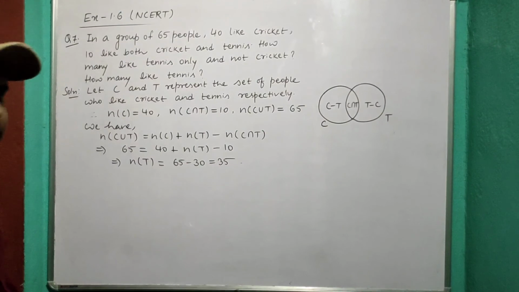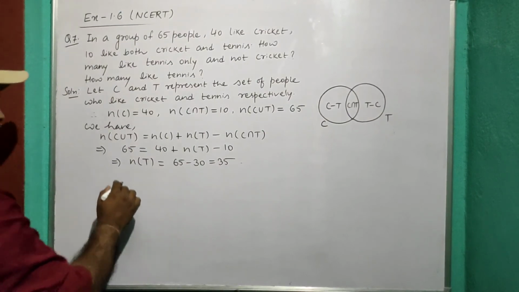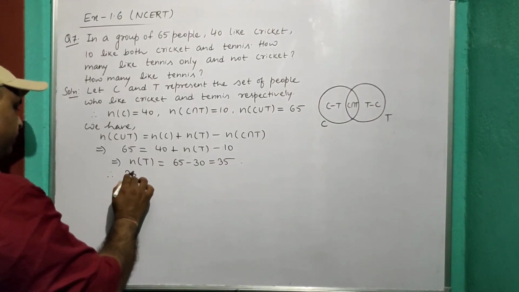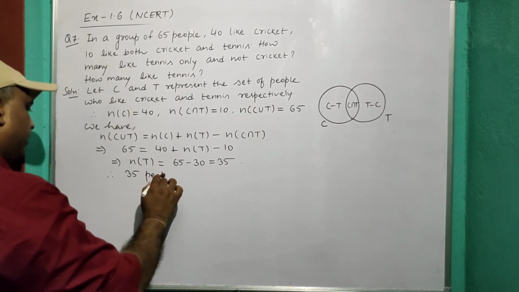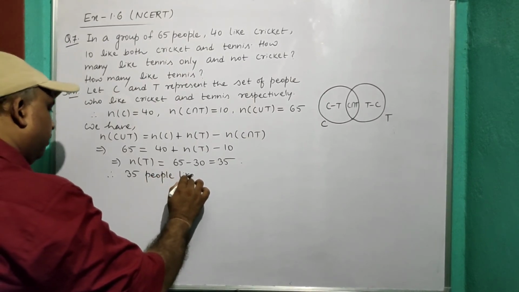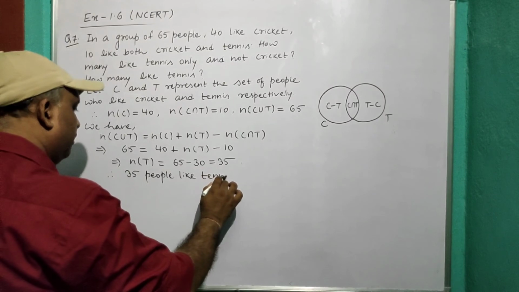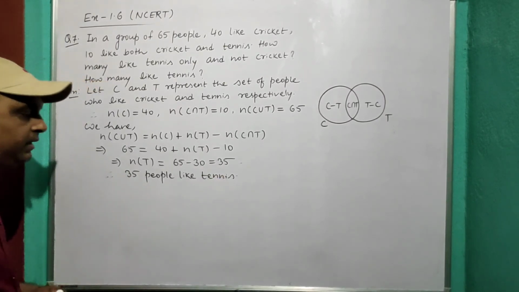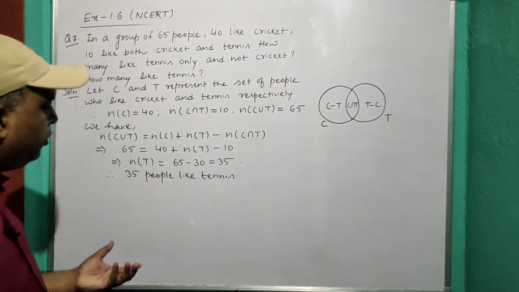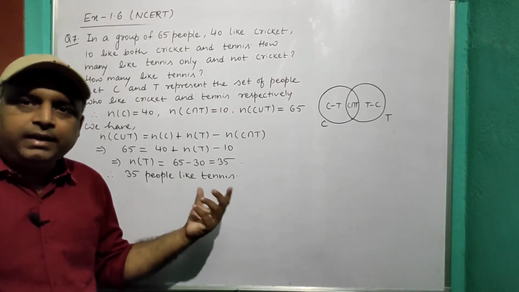It means that 35 people like tennis. Now observe that these 35 people include those people also who like both tennis and cricket.